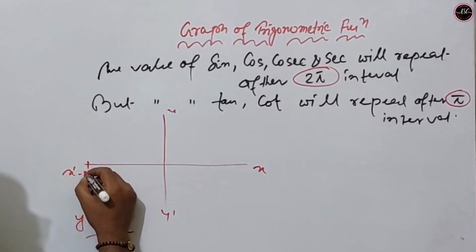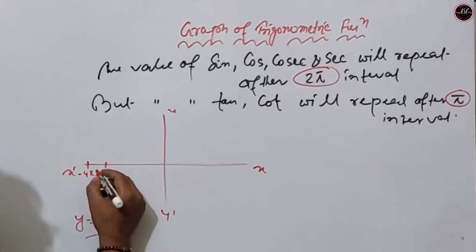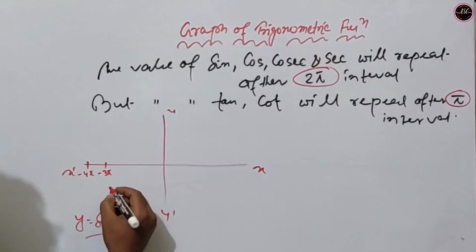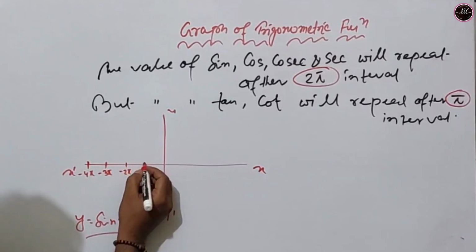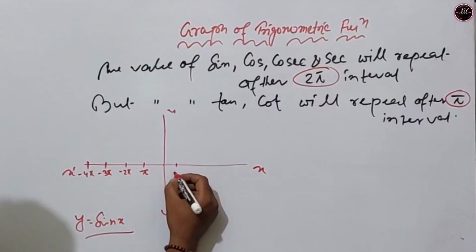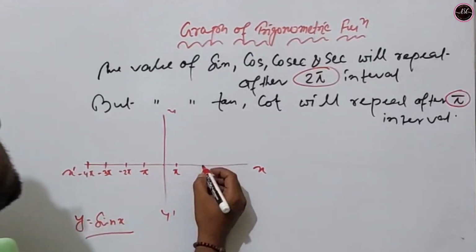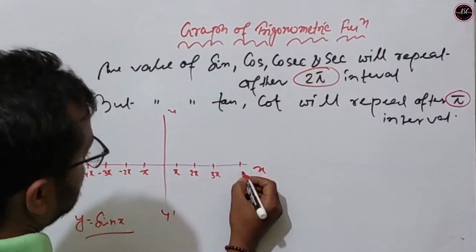Here minus 4 pi, then minus 3 pi, then minus 2 pi, then minus pi, this is 0 obviously, this is pi, this is 2 pi, this is 3 pi, and this is 4 pi.